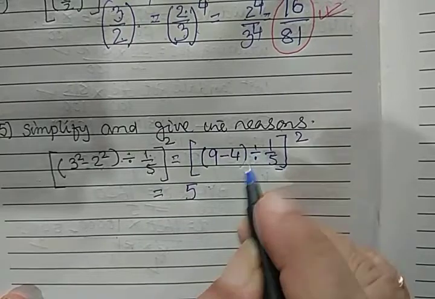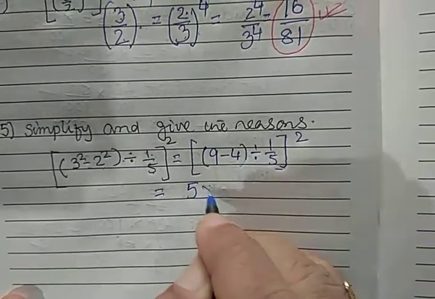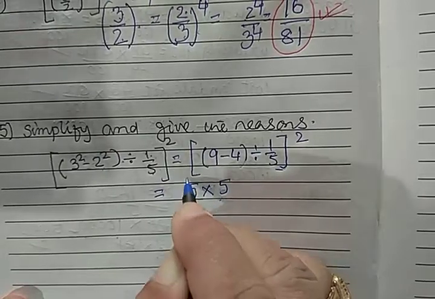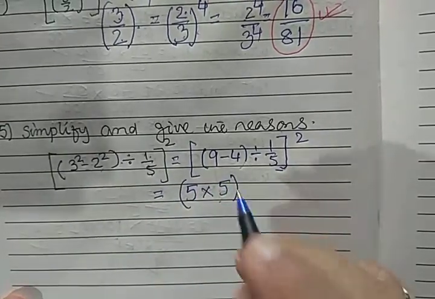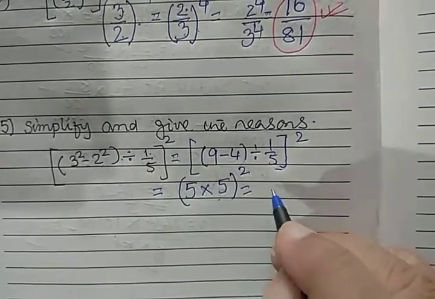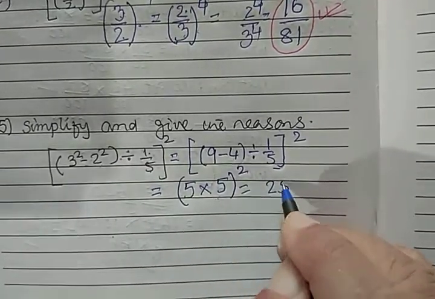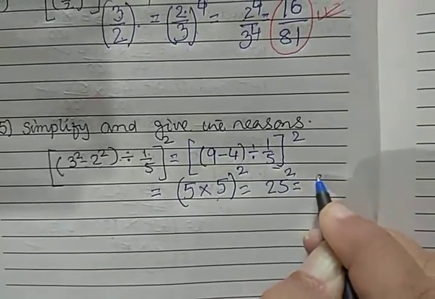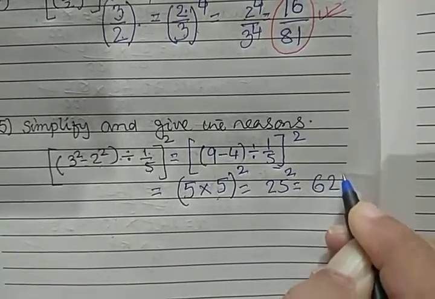Divided by, let us change this into multiplication, into 5 by 1. 5 by 1 means no need to write. Whole square. 5 5s are 25. 25 square means how much? 625.